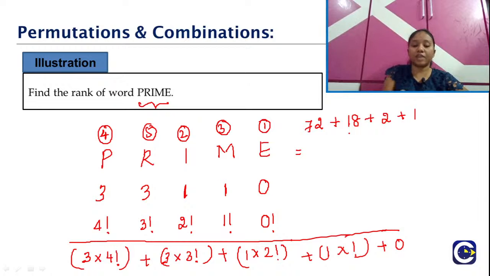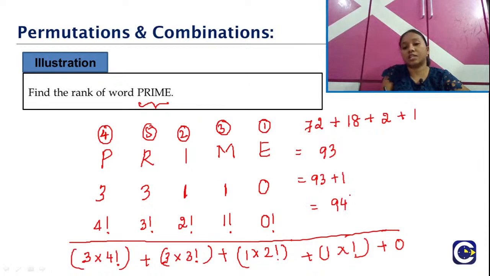And then at the end we have to add 1. So 72 plus 18 plus 3 will be 93. And then at the end we have to add 1. That means 93 plus 1 will be equal to 94. So the rank of the word prime will be equal to 94 here.